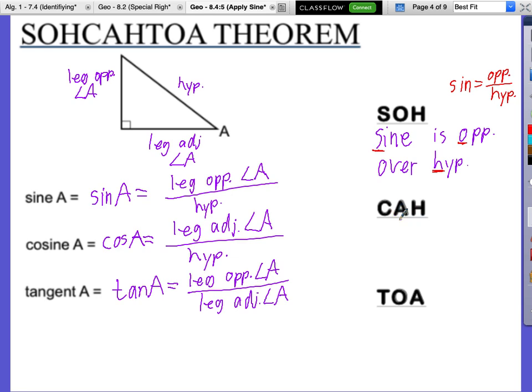The CAH in SOHCAHTOA is going to be cosine. Cosine is adjacent over hypotenuse.